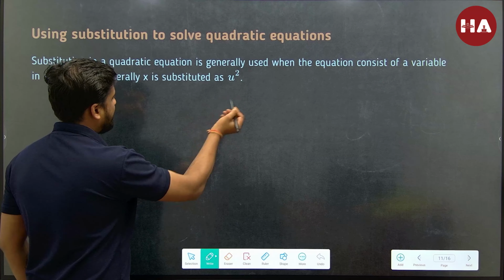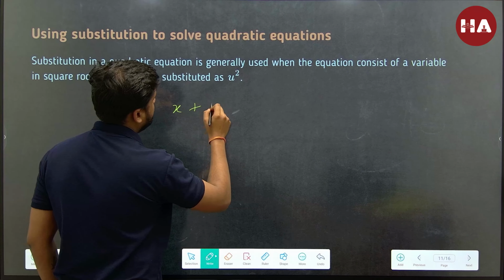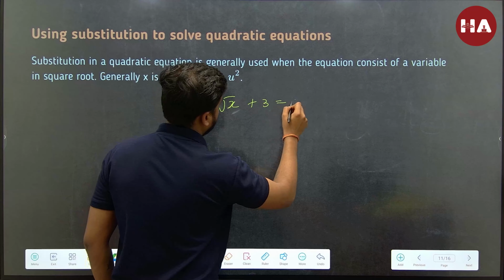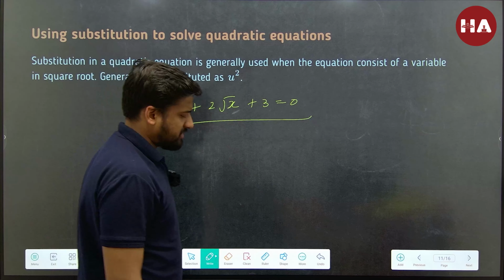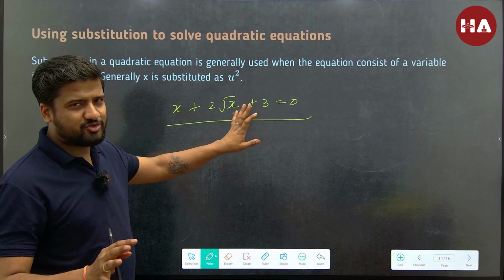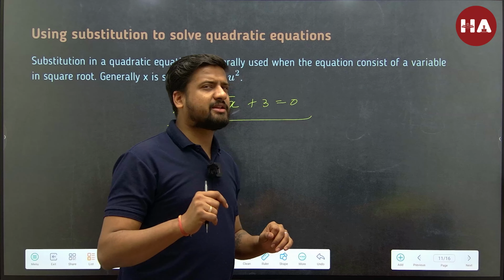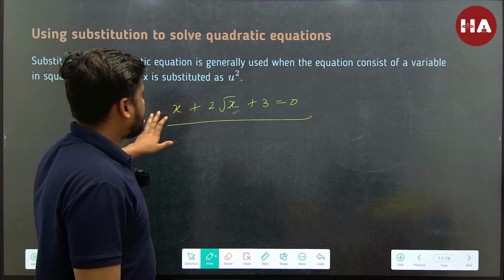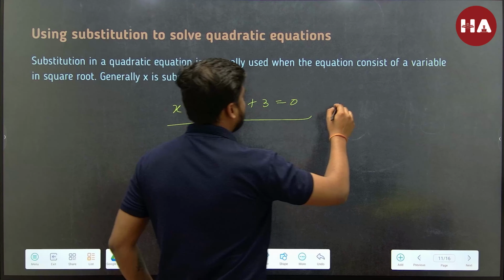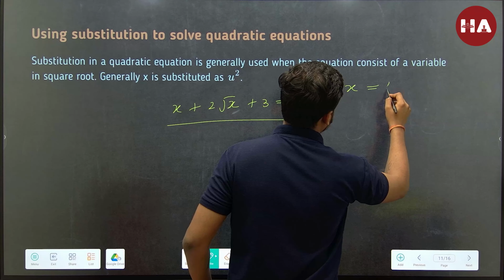Now how? Let's say your equation is x plus 2 root x plus 3 equals 0. Now you need to solve this equation. Just an example, please don't stress too much about this. So there is no direct way we can solve this equation. So what I'll do is put x equals u square.